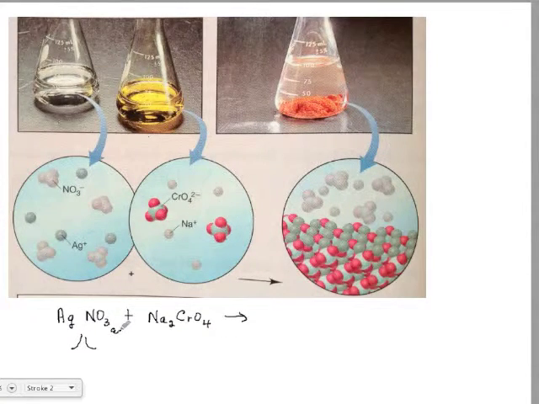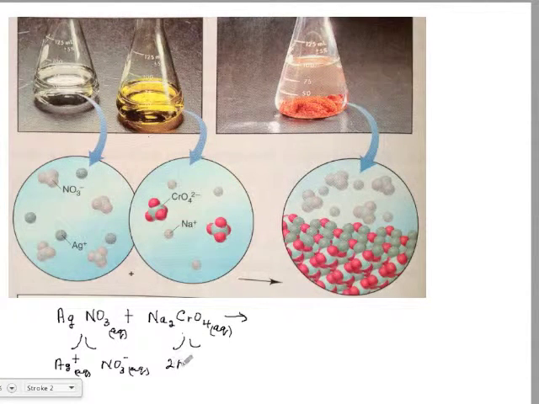We are told that this is an aqueous solution, so what that means is that in solution silver ions and nitrate ions are free. Sodium chromate is soluble, so here you have sodium ions and chromate ions, which are free.